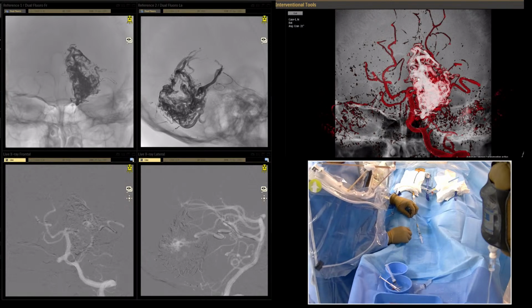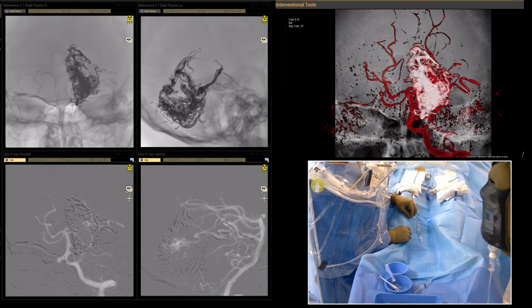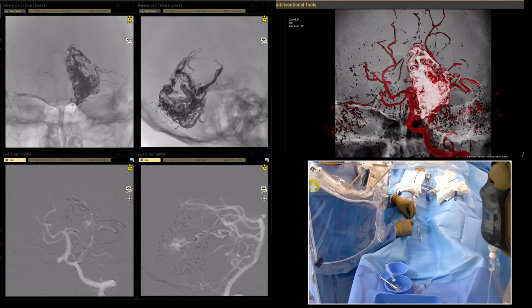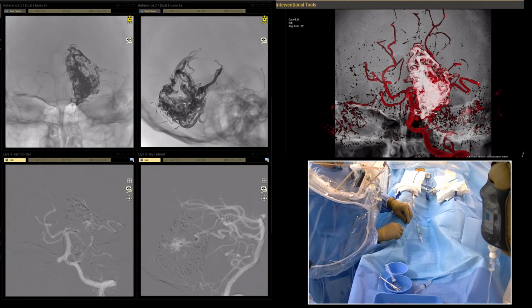Okay. The general anesthesia is very important in this navigation. Yes, now we can control in both AP and lateral. Branch. This part is okay.